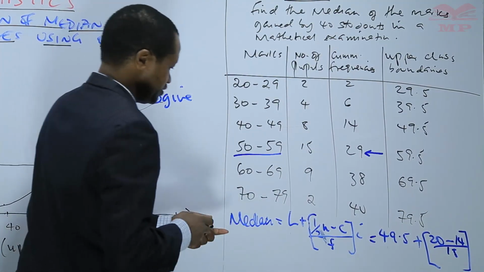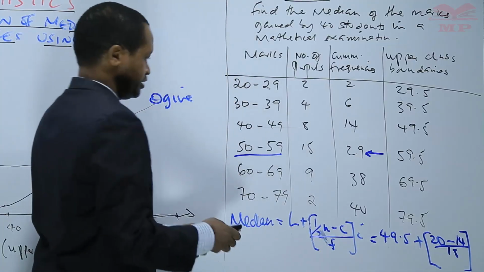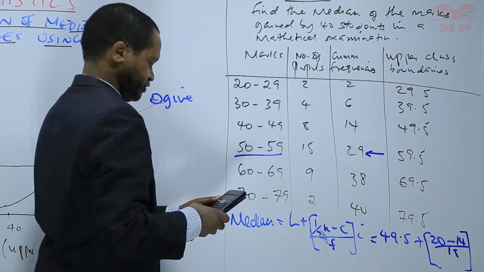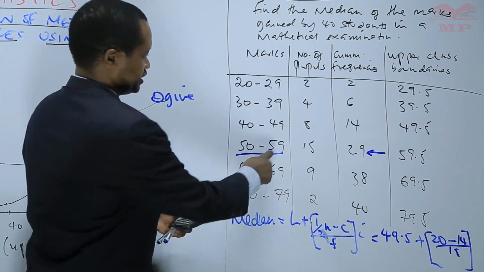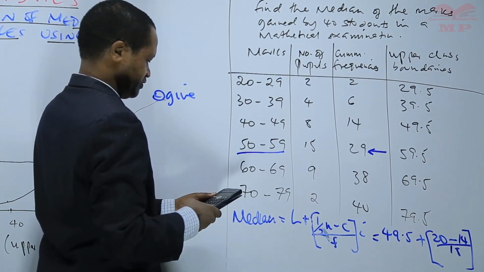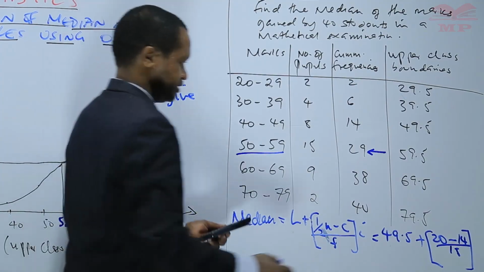The class interval is 59.5 minus 49.5, which is equal to 10.